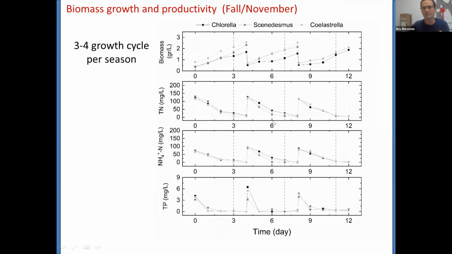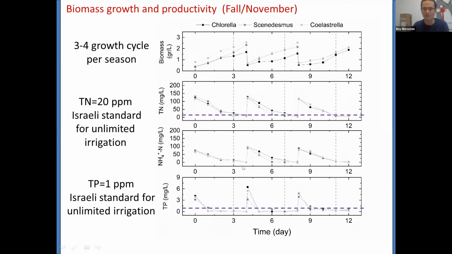We ran it for several days, but the calculation we made until the effluent had the concentration of the TN and the TP based on the Israeli standard for unlimited irrigation, based on the AnMBR committee: TP is less than 1 ppm, and TN is less than 20 ppm.